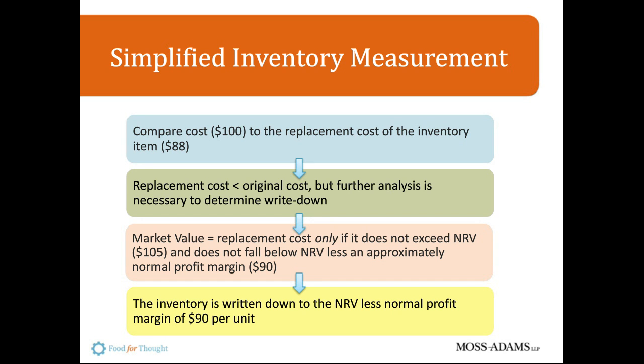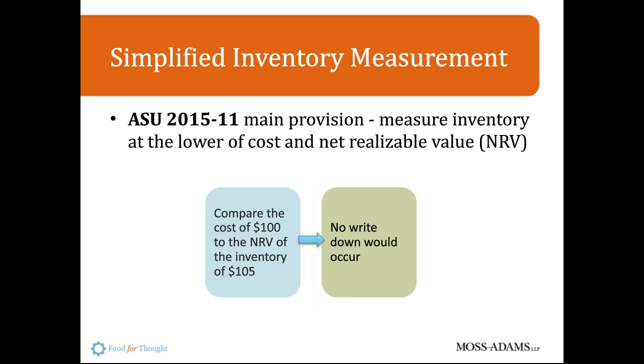And what the new standard does is really just removes this notion of lower of cost or market and replaces it with lower of cost and NRV. So under the new standard, assuming your cost was $100 and the NRV is $105, there is no write-down because your cost is still lower than NRV.